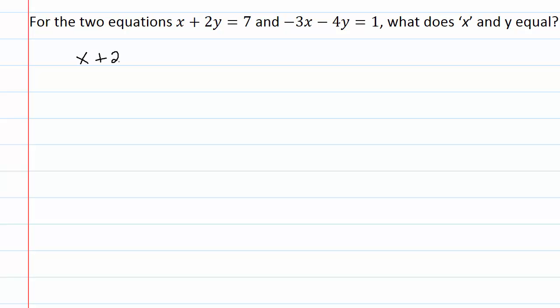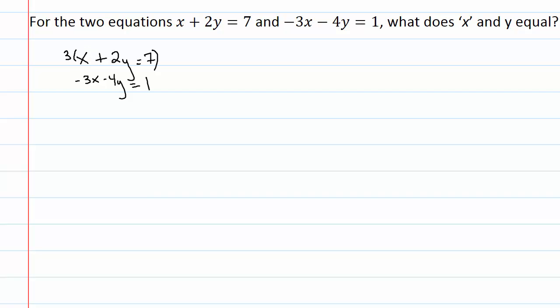We'll write out our equations on top of each other to add or subtract them. Now we can see here, if we add our top equation to the bottom, we won't be canceling anything out, but we can multiply the entire top equation by the number 3, and this will cancel out the x.